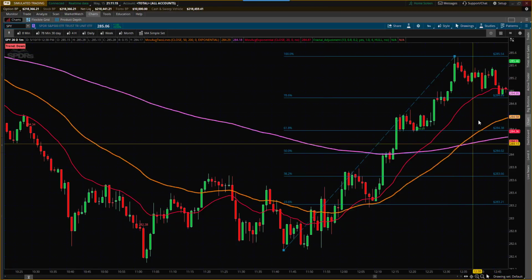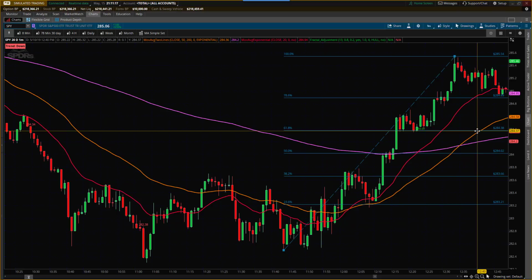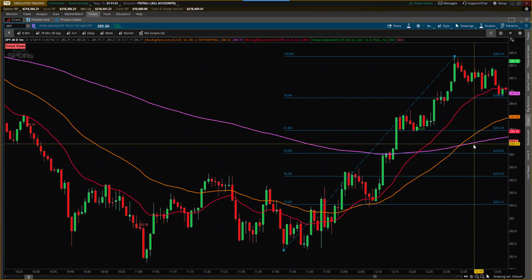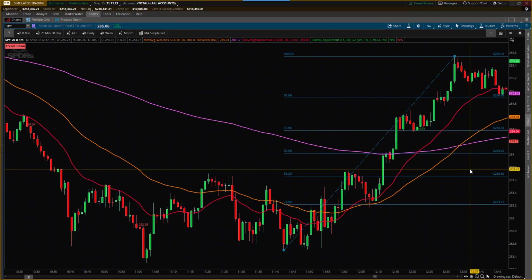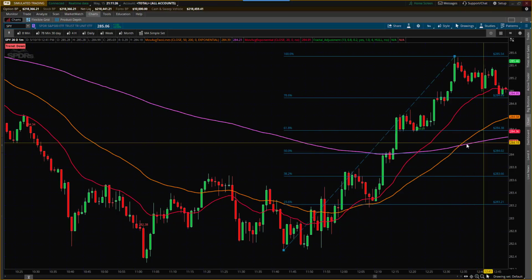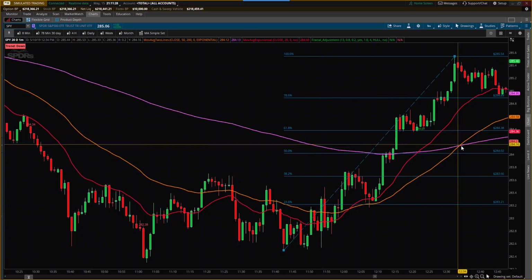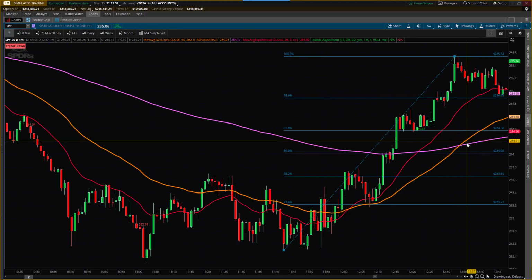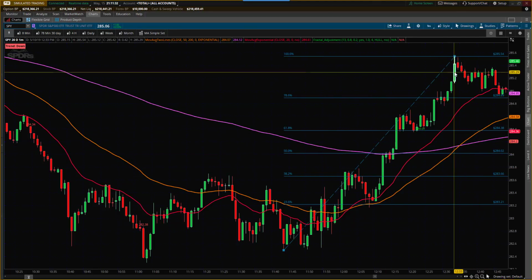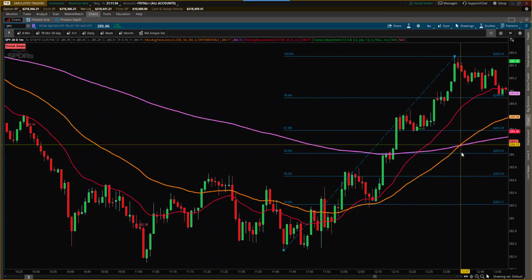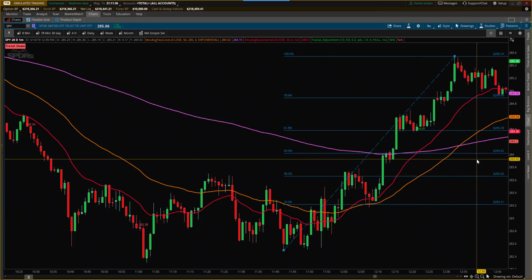At that point, I would be very critical of the market and I would be anticipating a broken trend. If it pierces the 50 but closes above it, I would almost consider that market stalled, no longer in an uptrend, right? And I would be anticipating a range-bound market at that point.